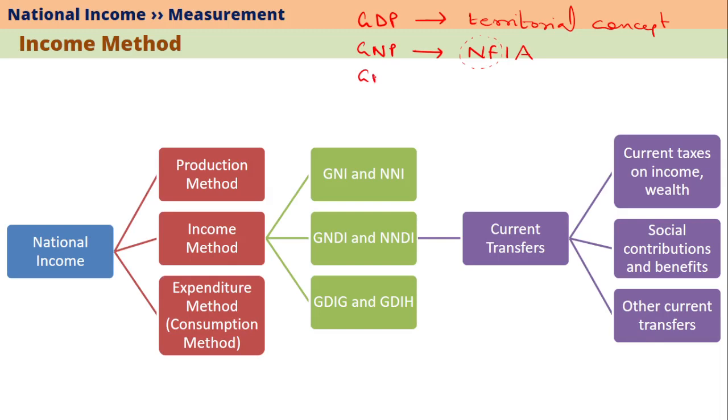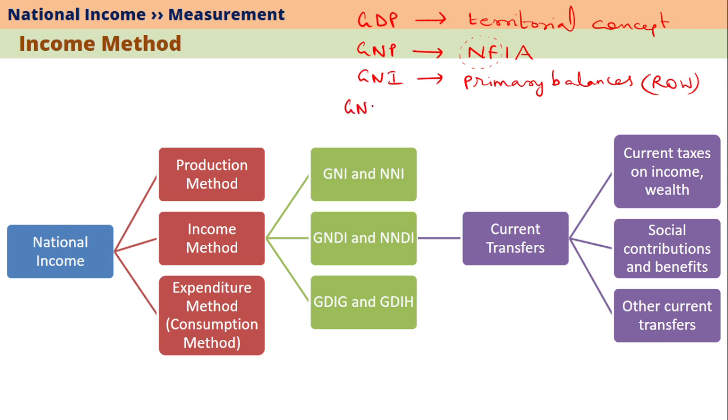We have also talked about GNI, where we have seen the concept of primary balances from the world. Here we have accounted for primary balances coming from the rest of the world and primary balances going towards the rest of the world. We have accounted these net primary balances with GDP and then calculated GNI.